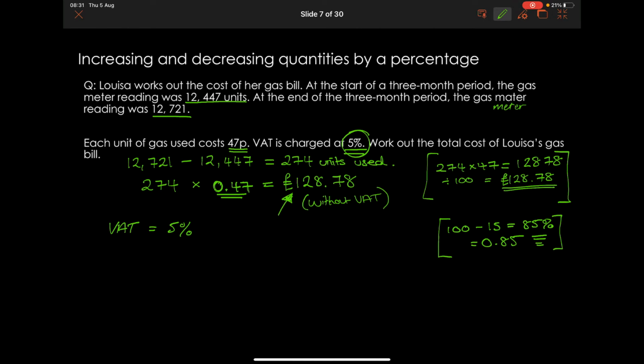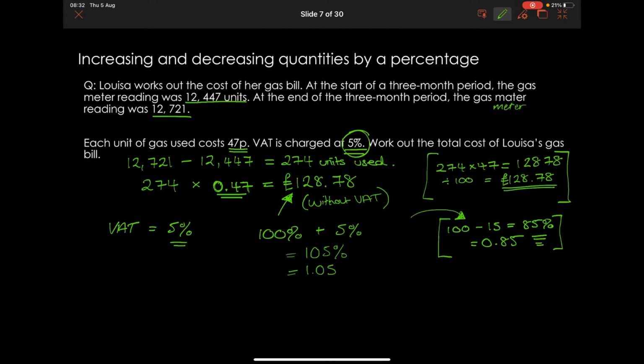That means I want to know how much Louisa is going to pay including this 5%. So her gas bill on its own is 100% of the price, and the VAT, we're adding on another 5%. So instead of taking away like we did when we were reducing something, we're adding it on, giving us 105%. Now, 105% as a multiplier, as a decimal, is 1.05.